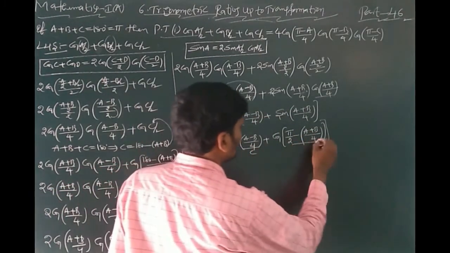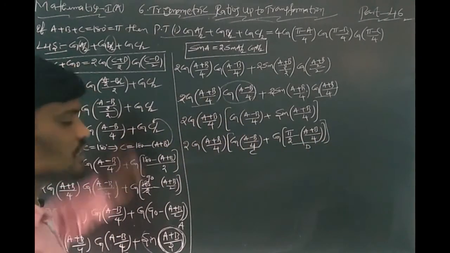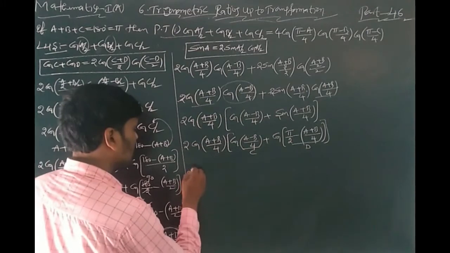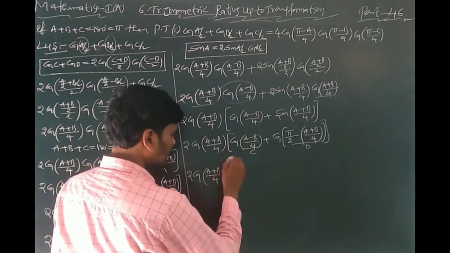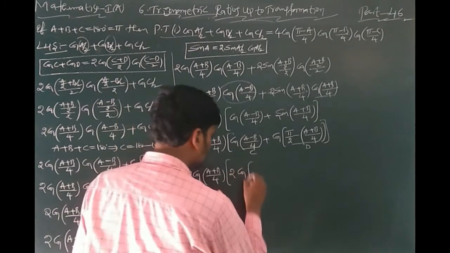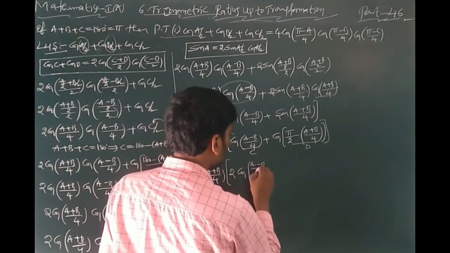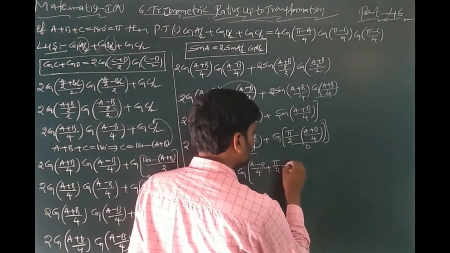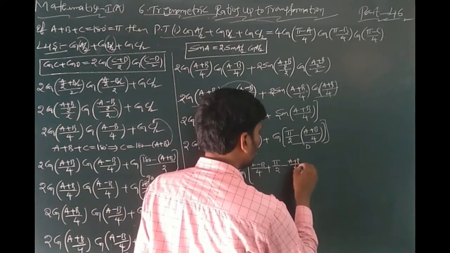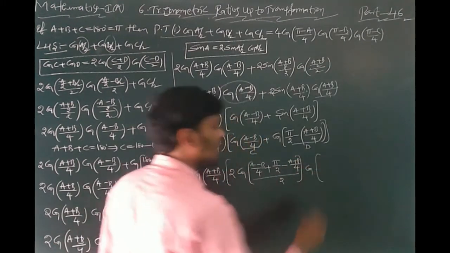Cos C plus cos D form. Which form? Cos C plus cos D. What is the form of cos C plus cos D? 2 cos of C plus D by 2. Already first term is unchanged. This one is similar. 2 cos of C. C value is what here? C value is a minus b by 4, plus D. D value is pi by 2 minus of a plus b by 4, whole by 2 into cos.